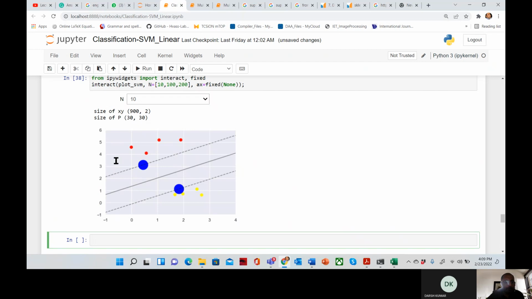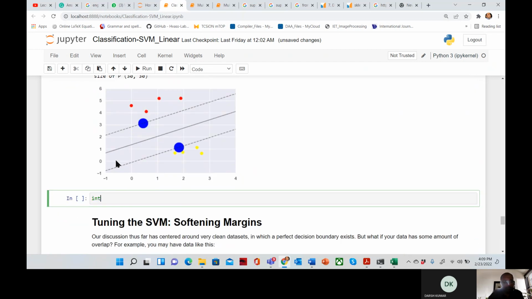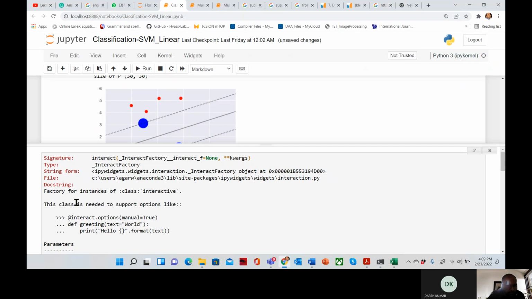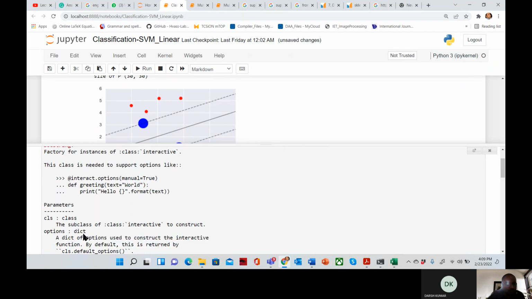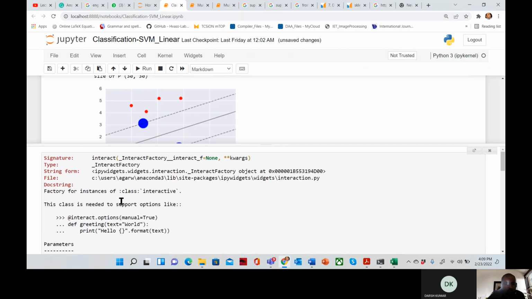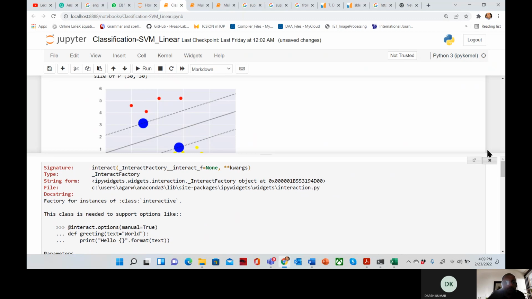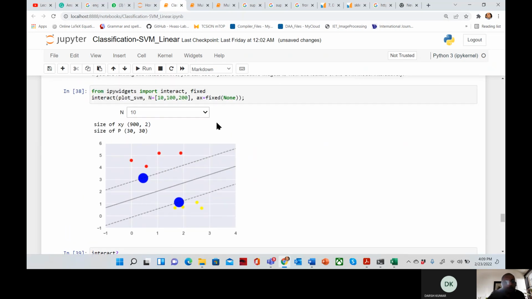See what interact does. It is a factory for instances of a class, and it supports options like this interaction. The purpose is that now you can have some options and visualize all the things at one place.